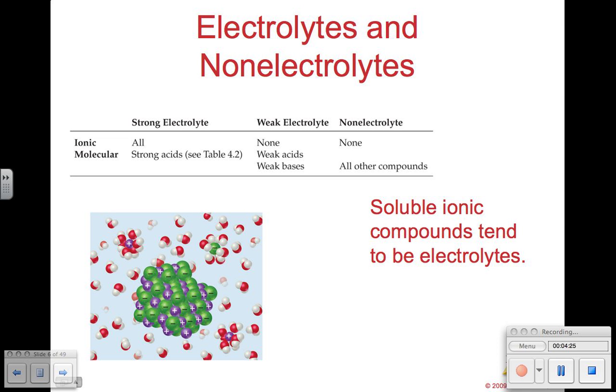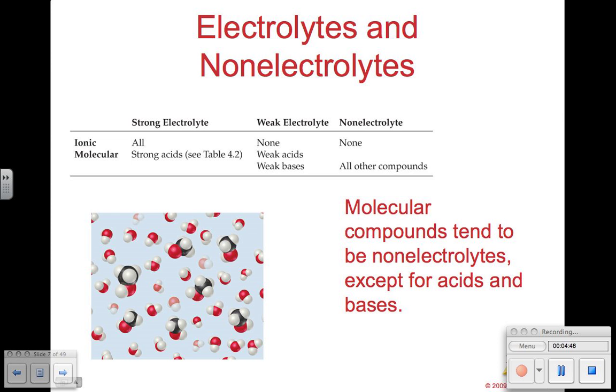If it's a strong acid, it's going to be an electrolyte because you're going to get all these H pluses and negative charges as well. And for weak acids and weak bases, those are also going to be good electrolytes. And then anything else that's molecular that isn't an acid or a base is not going to be an electrolyte. It's not going to conduct electricity.